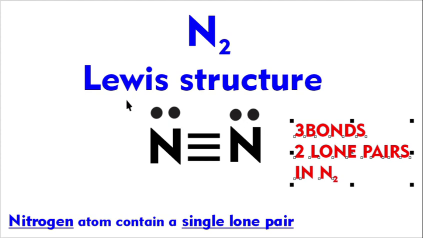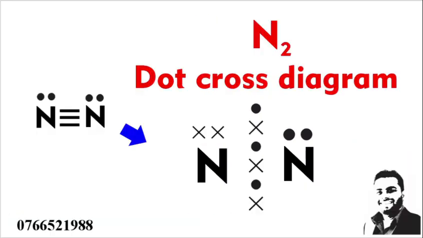If you want to convert this into dot and cross, the electrons in one nitrogen are in dots, and the electrons of the other nitrogen should be represented as crosses. So now we make the dot and cross diagram. Bonds you should always mention as dot and cross, dot and cross, dot and cross, triple bonds all together, right, in one position.